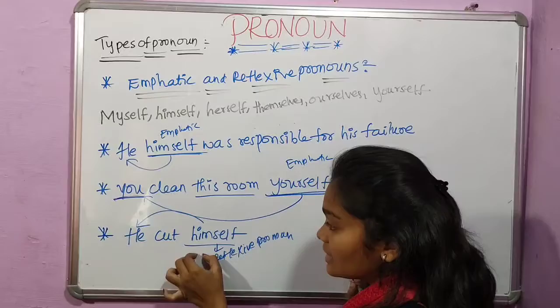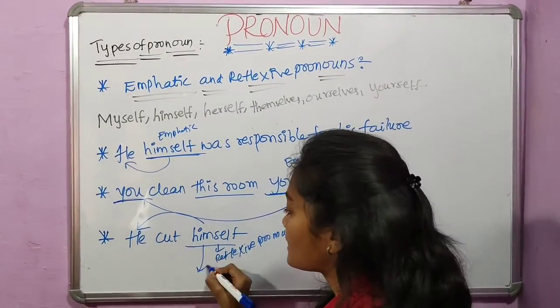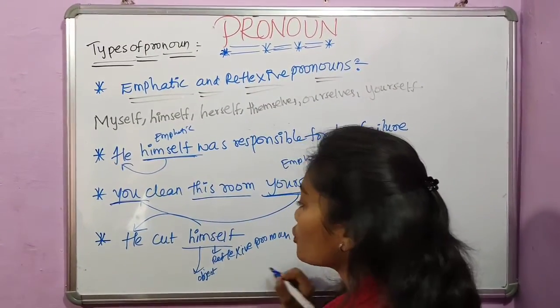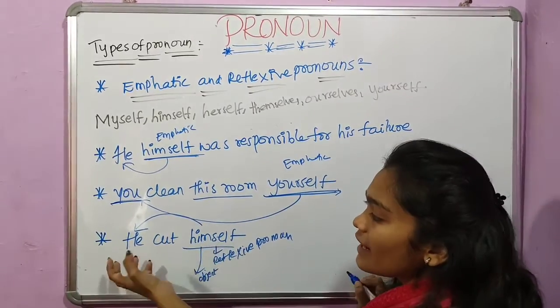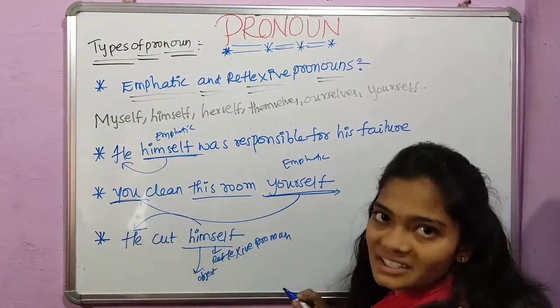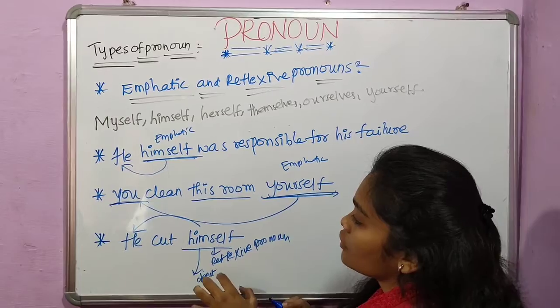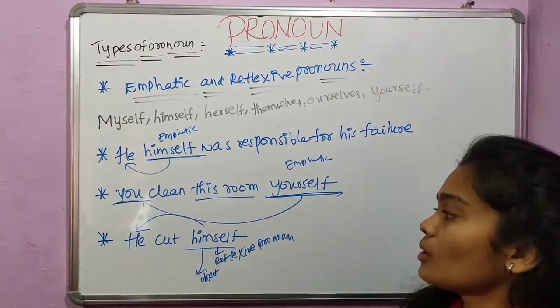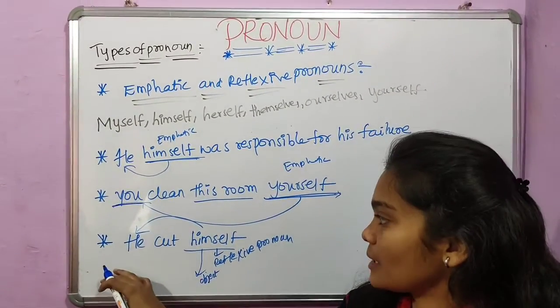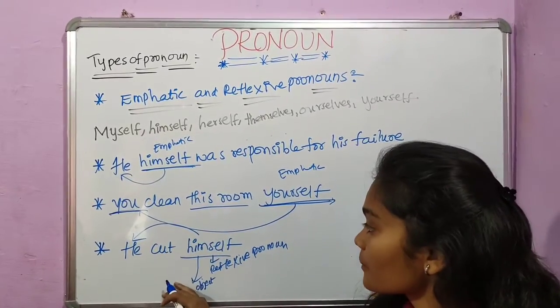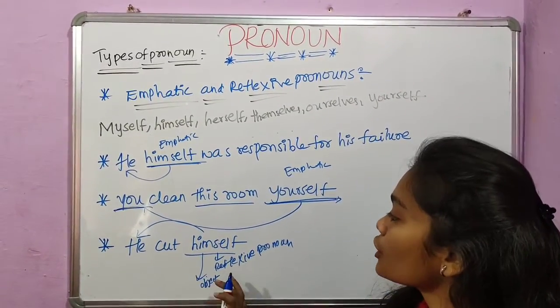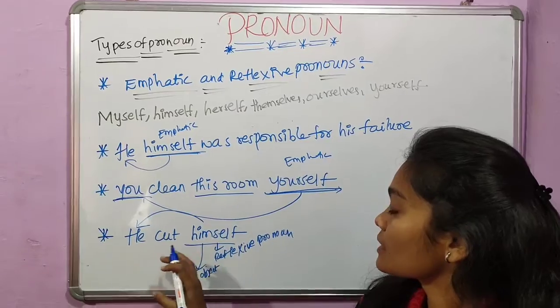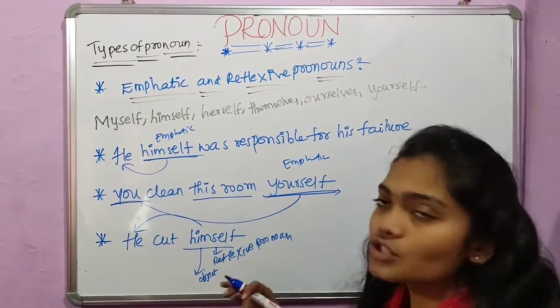And in this sentence, the word himself acts as an object. If you remove the pronoun himself, it does not give complete sense. So, a reflexive pronoun is a pronoun that refers back to the subject and acts as the object of the sentence. And if you remove this pronoun, the meaning of the sentence changes.